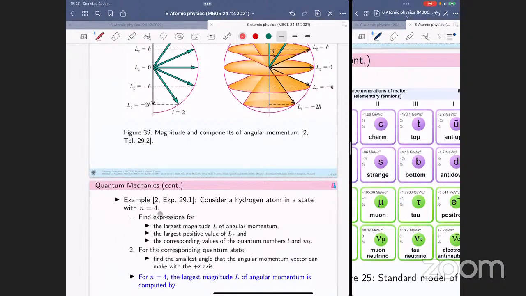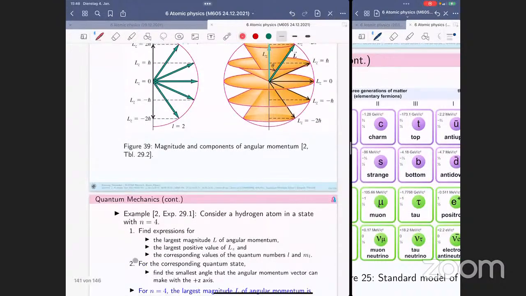Find the expression for the largest magnitude L of angular momentum. Find the largest positive value of Lz, which is the angular momentum along the z-axis, and the corresponding values of the quantum numbers l and ml.